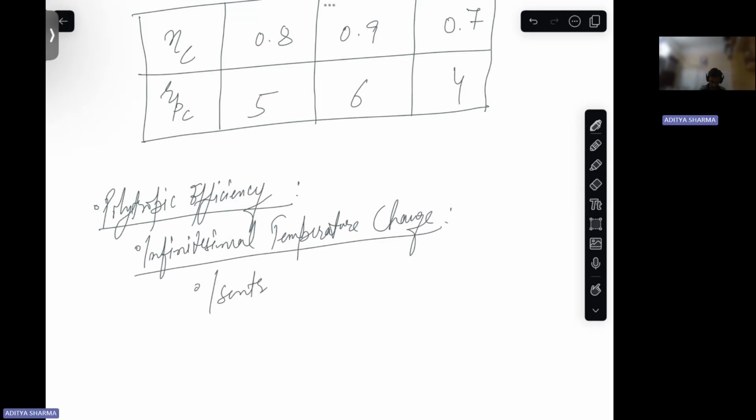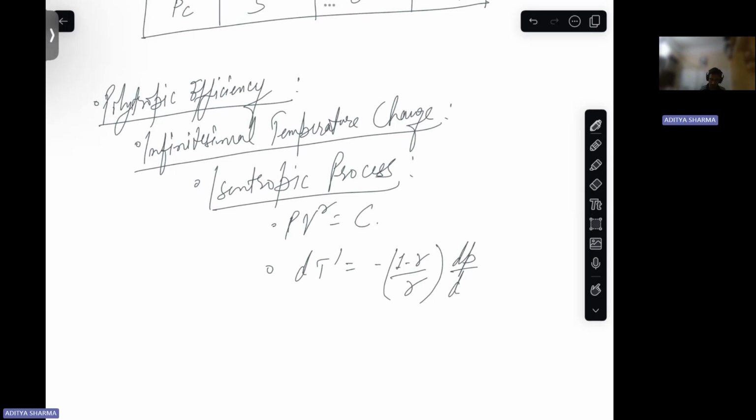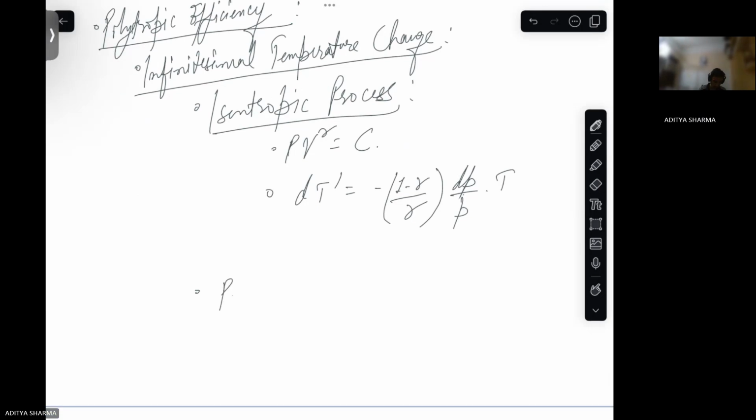For an isentropic process, PV^gamma is constant and dT dash, the change in temperature, is equal to (gamma minus 1) by gamma into dP by P times T. This is for a polytropic process, where the index is n.